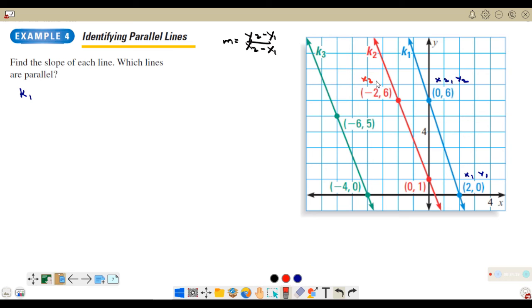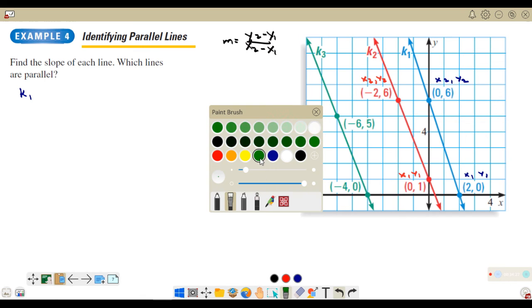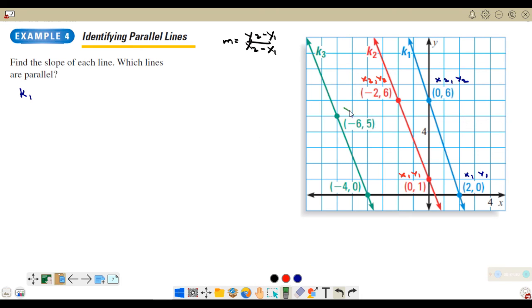Ito yung x sub 2 natin, ito yung y sub 2 natin, and ito yung x sub 1 natin, ito yung y sub 1 natin. Kay K sub 3, ito yung x sub 2, ito yung y sub 2, ito yung x sub 1, ito yung y sub 1.